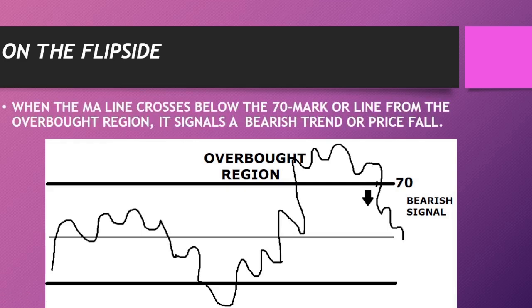So when the MA line crosses below the 70 mark line from the overbought region, it signals a bearish trend or a price fall.